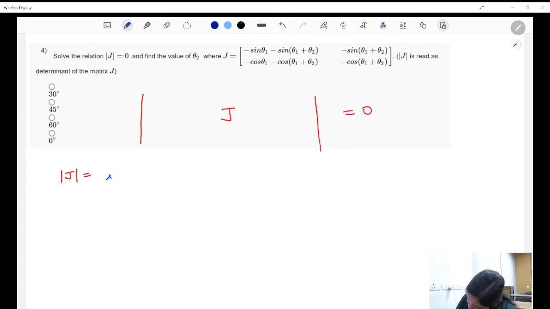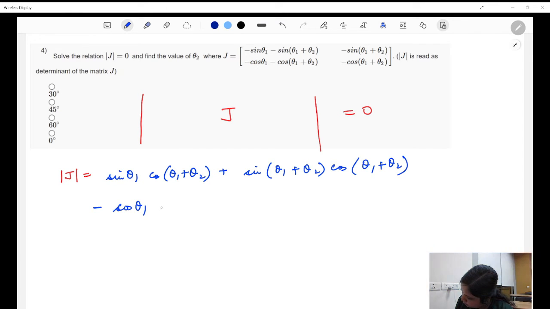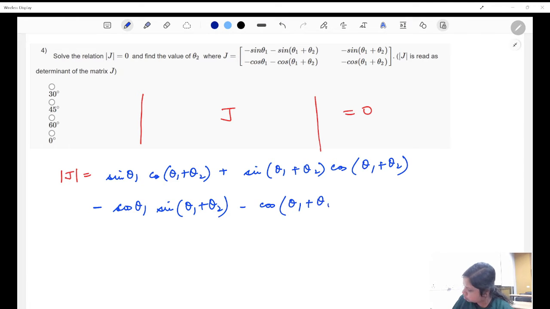So it would be sine theta 1 cos of theta 1 plus theta 2, plus sine of theta 1 plus theta 2 into cos of theta 1 plus theta 2, minus cos theta 1 sine of theta 1 plus theta 2, minus cos of theta 1 plus theta 2 sine of theta 1 plus theta 2 is equal to 0.